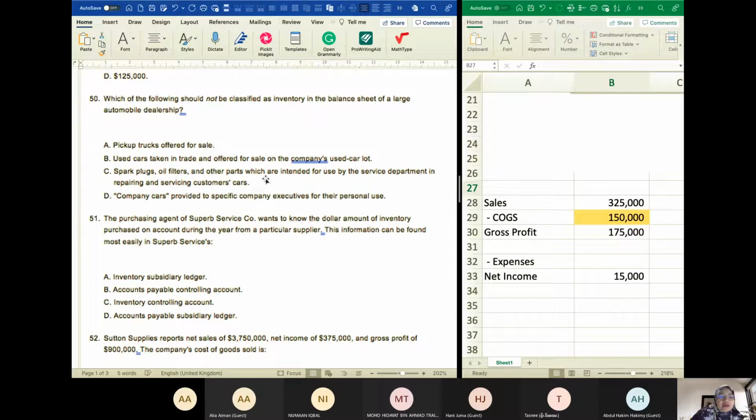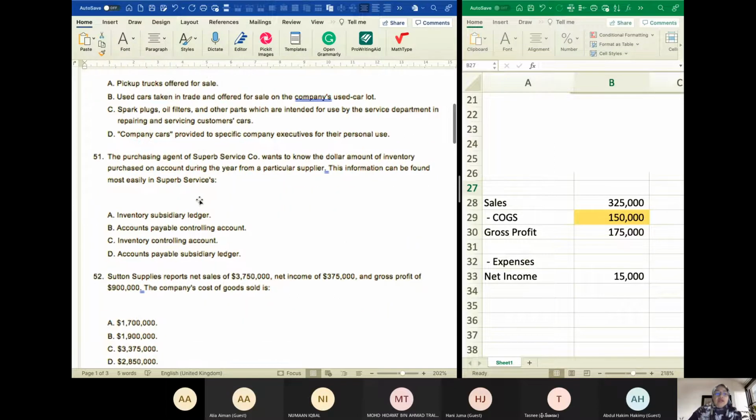C looks like not inventory, but it's used for cars to be repaired and serviced, so it could also be inventory. Looking at C and D, D is a better answer. When you do multiple choice questions, you really have to read every item and make the best decision.